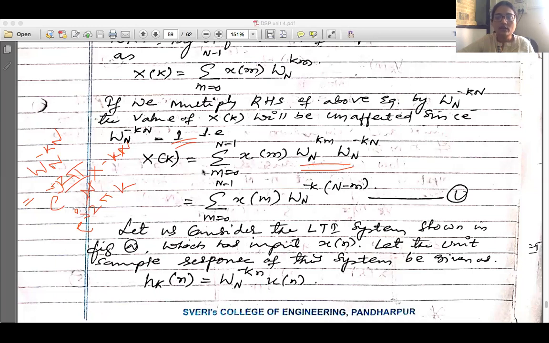So I have rewritten this equation: summation m varies from 0 to N minus 1, x of m W raised to minus k suffix capital N into the bracket N minus m. This is equation 1. So here this is a linear time invariant system. We will be considering this as a linear time invariant system, in which this is the input sequence and this is the second, impulse sequence.